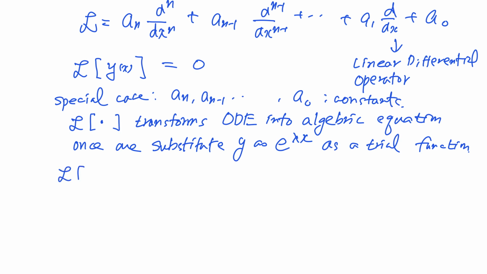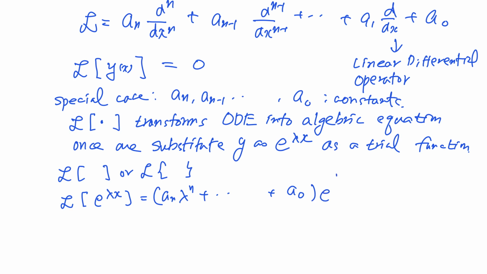You can use either this or braces, or L, both are okay. So L applied to exponential lambda x is actually (a_n lambda^n + ... + a_0) times exponential lambda x, equal to 0.